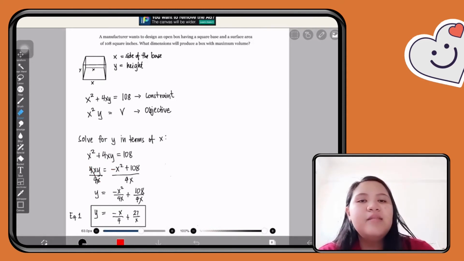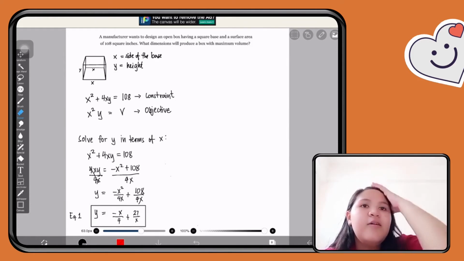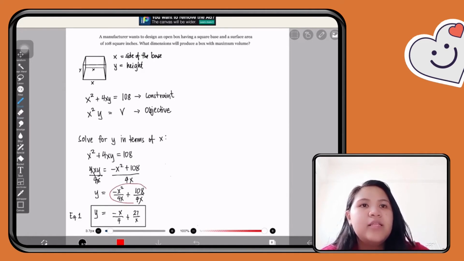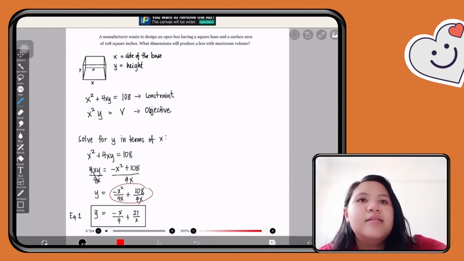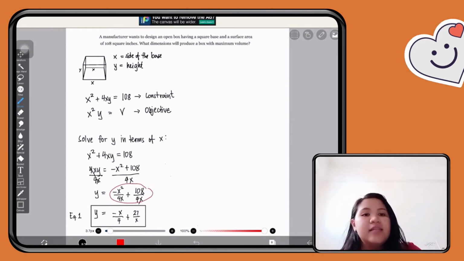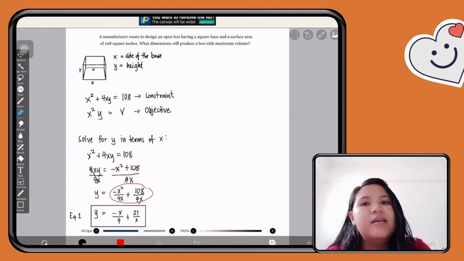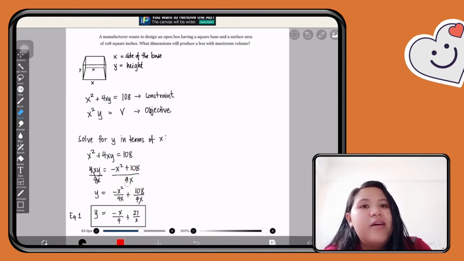So it will be y equals negative x squared plus 108 over 4x. We can simplify it further by breaking them up, since x squared and x can be cancelled and 108 and 4 can be cancelled. So the equation 1 will be y equals negative x over 4 plus 27 over x.